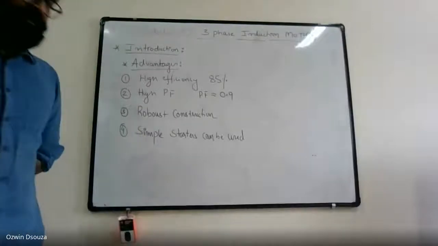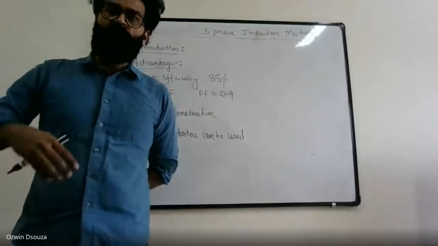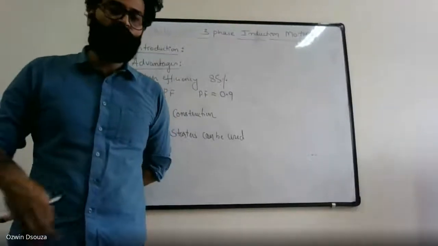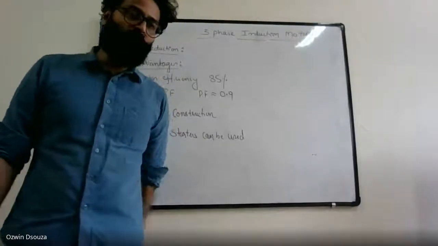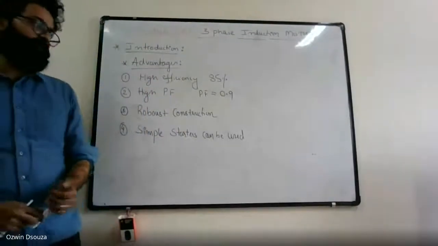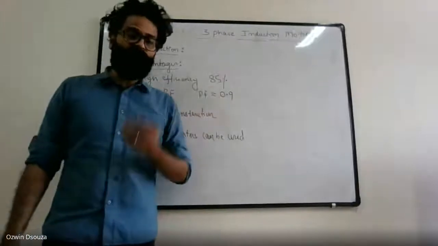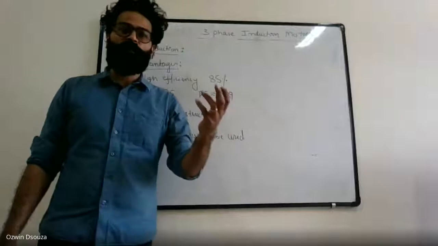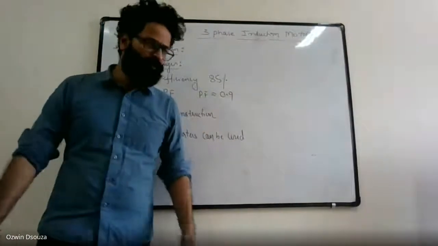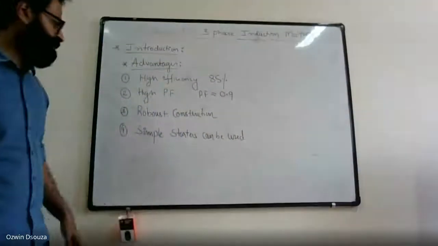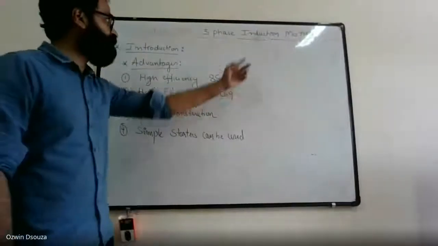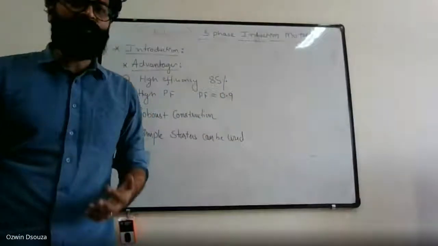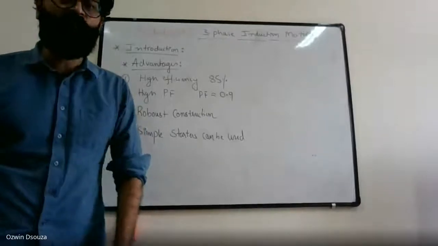Starters are the devices which are used in order to start a given electric motor. You have different types of starters: starters for DC motors, and different types of starters for induction motors and synchronous motors. If you compare all these starters, the starters used in induction motors are very simple compared to the other types of starters.